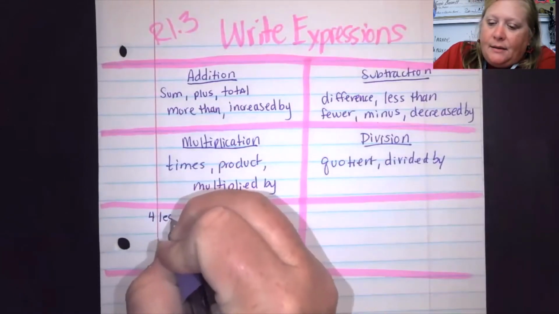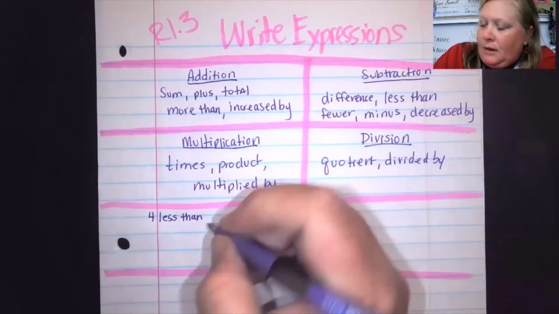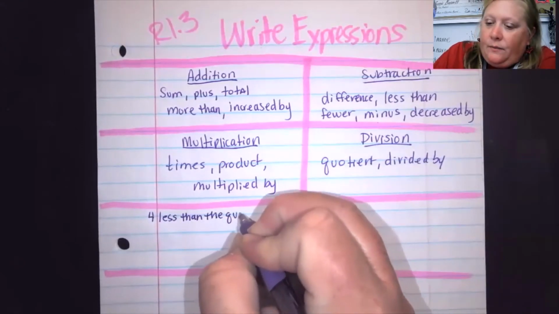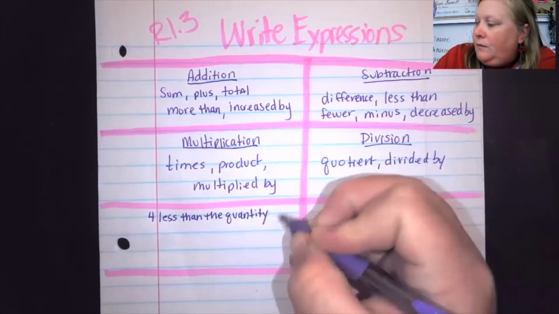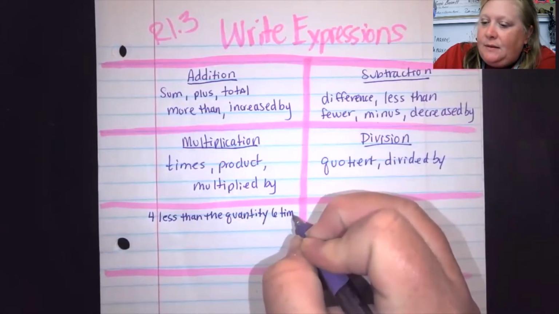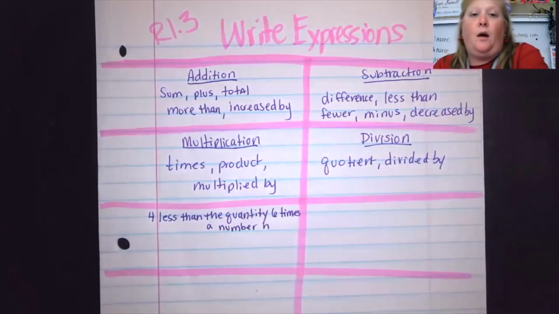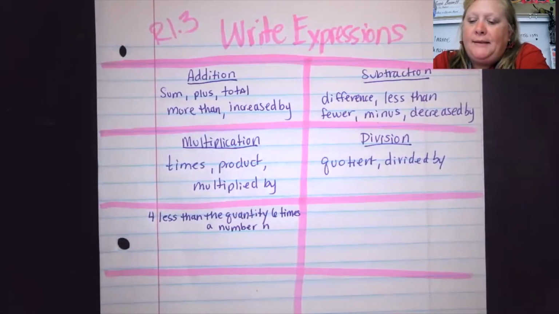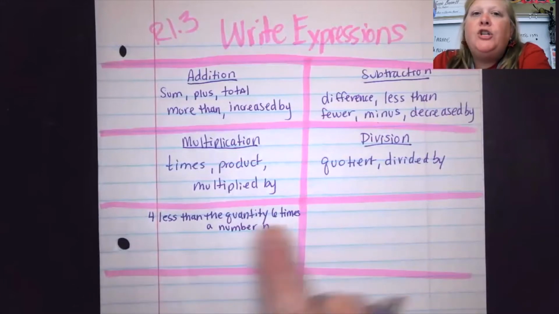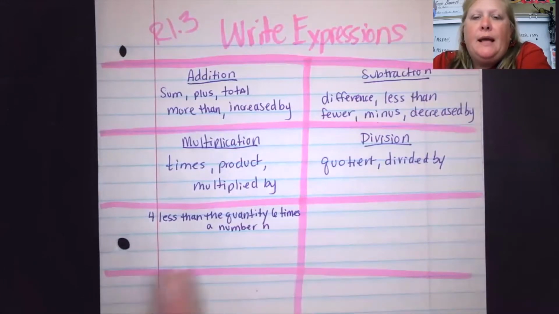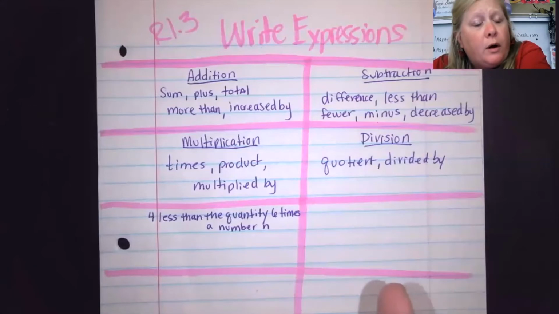4 less than the quantity 6 times a number n. If I'm 4 years younger than someone else, I would take that someone else's age and subtract 4.